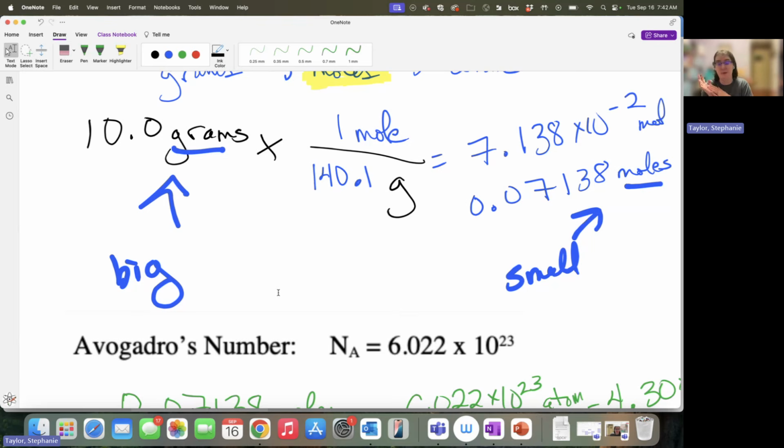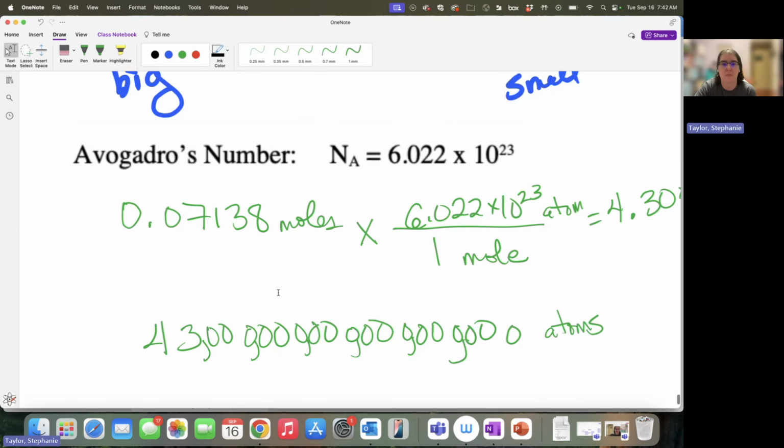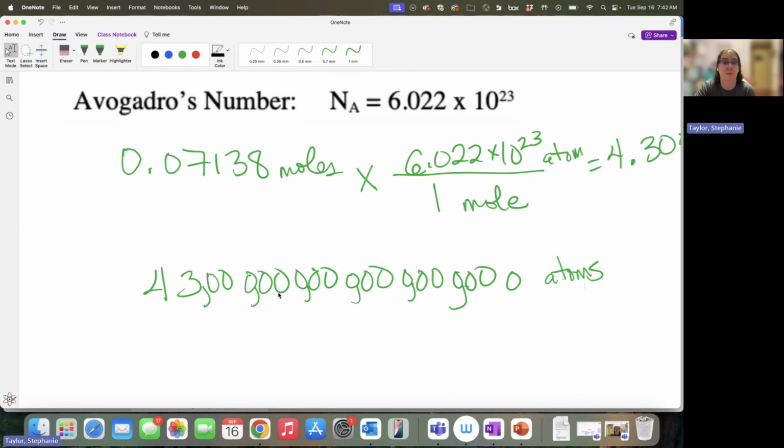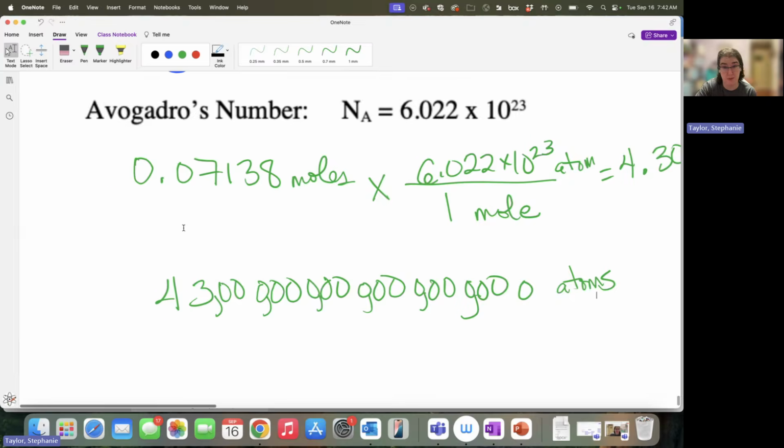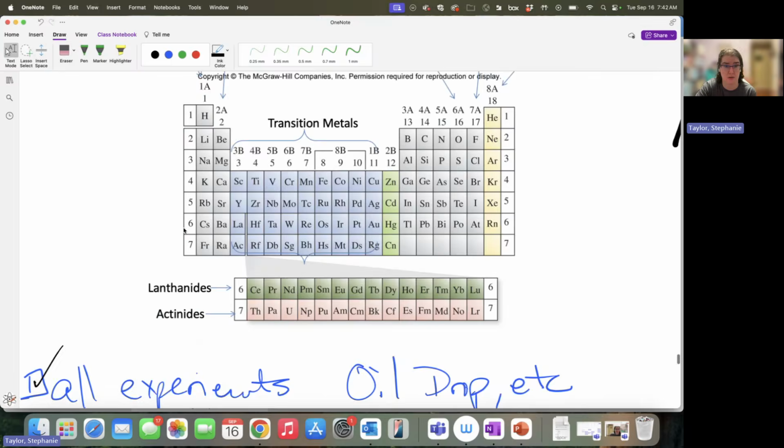If you start off with moles and you go to grams, the mole number should be smaller than the gram number, no matter which direction that takes you. The atom number should be big, positive exponents, big. So hopefully that helps with grams to moles conversions.